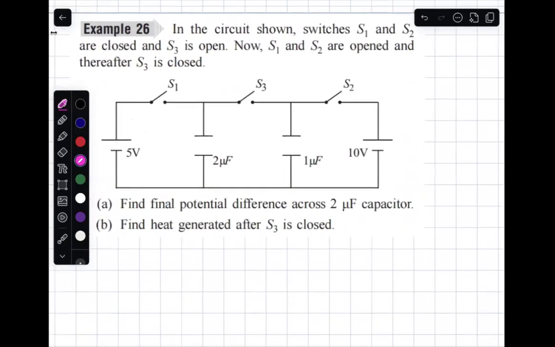Everyone in the class, don't get confused. You have capacitors only in the left extremes. In between, you have capacitors only in between.